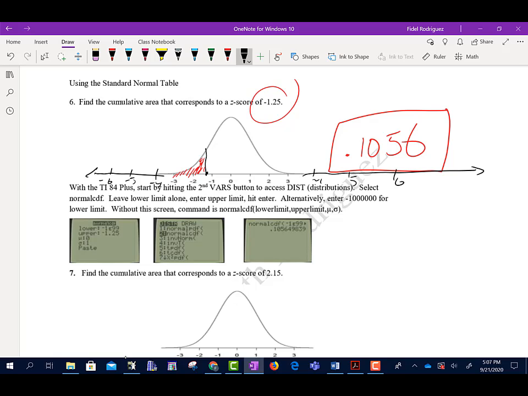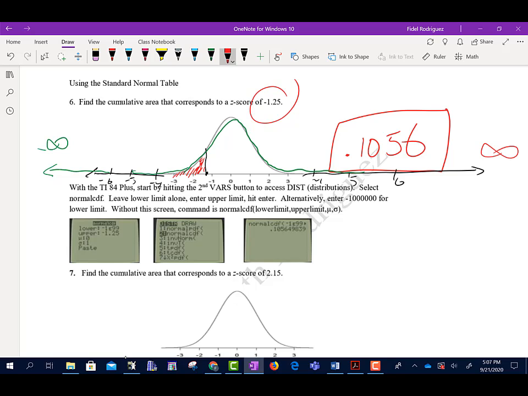Now remember what we said about the graph. This graph gets really, really close, but it never touches. So if I'm going to keep going all the way to the left, that would be negative infinity. And if I were to go all the way to the right, that'd be positive infinity.